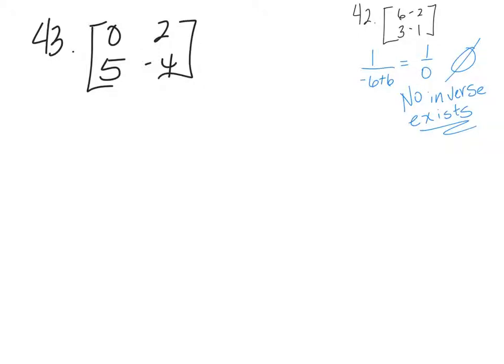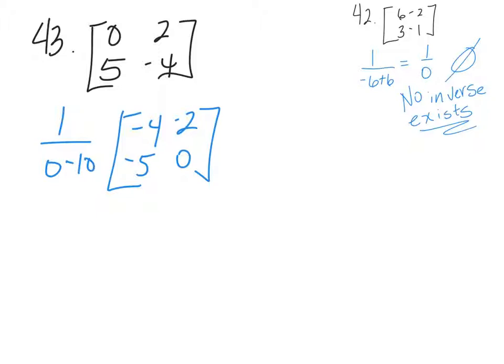Okay, here we go again. 1 over the determinant. Negative 4 times 0 is 0. Minus 5 times 2 is 10. Do-si-do. Change signs. So I've got negative 1/10 to distribute through.